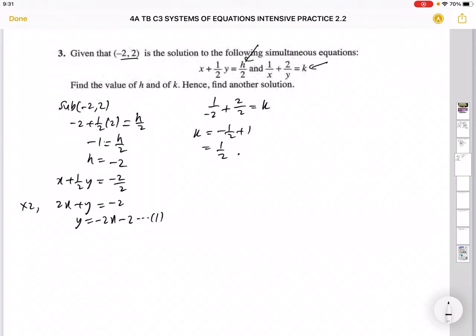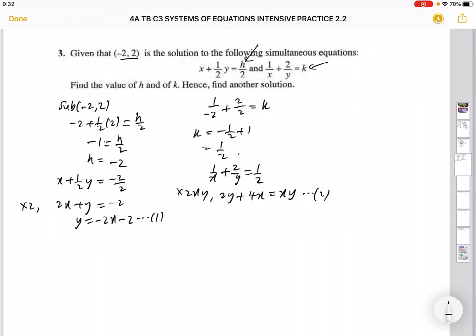And for the second one, 1 over x plus 2 over y equals half. I just multiply everybody by 2xy. So this will be 2y plus 4x, and this will be just xy. So equation number 2.